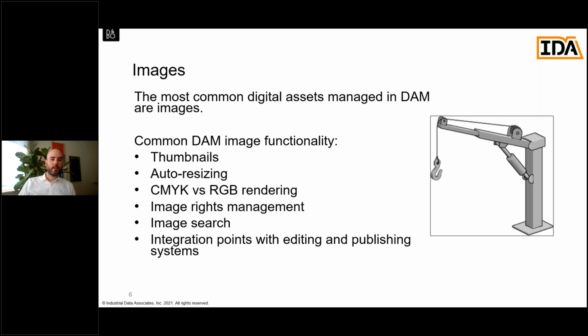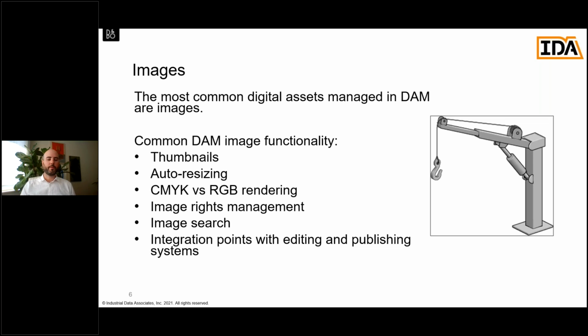Image rights management is also a really key functionality of DAM, and we're going to talk about rights management a little bit more in detail further into the presentation. But oftentimes making sure that your license is sufficient for how you're going to be using those images is a really important functionality that DAM has. Image search, as well as integrations.